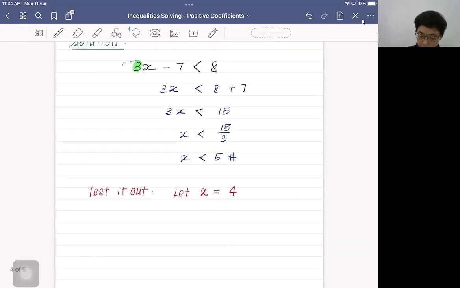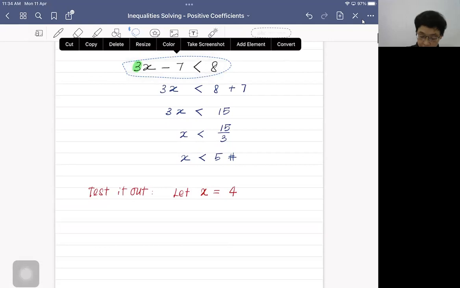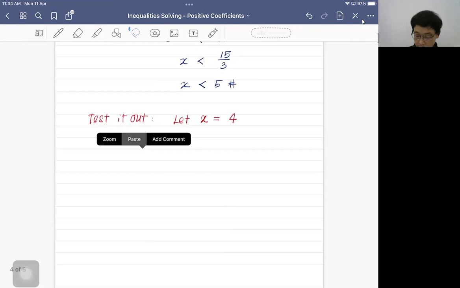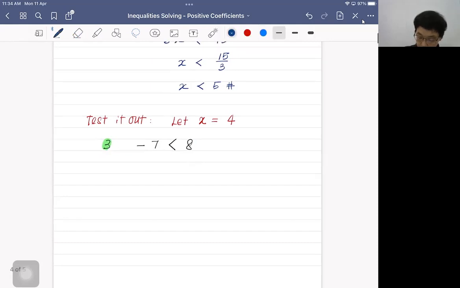So we're going to take this and test out your answer, and you will be awesomely happy because you know that you're going to get the right and true statement. So if we put in x equals to 4, let's work this out.